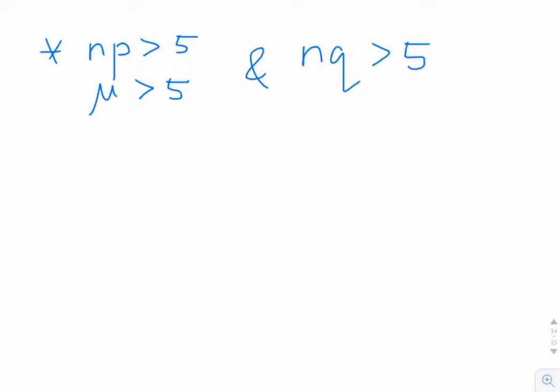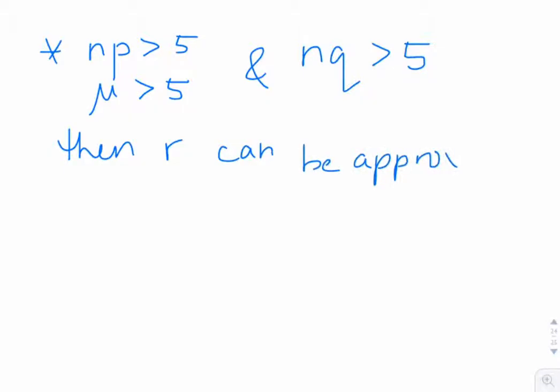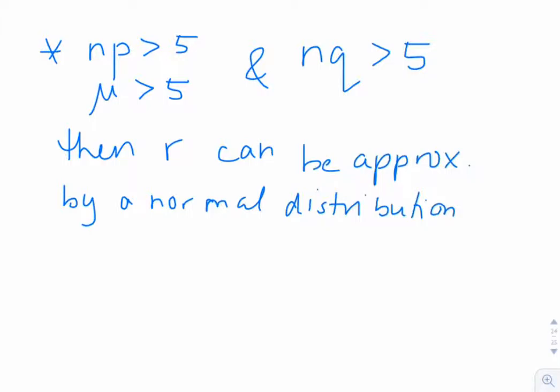Then we can assume R can be approximated by a normal distribution, which we'll use x for, and mu and sigma will be from our binomial. So mu will be NP and sigma will be the square root of NPQ.